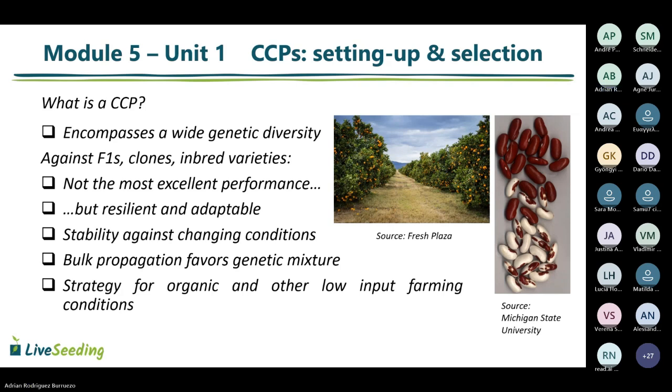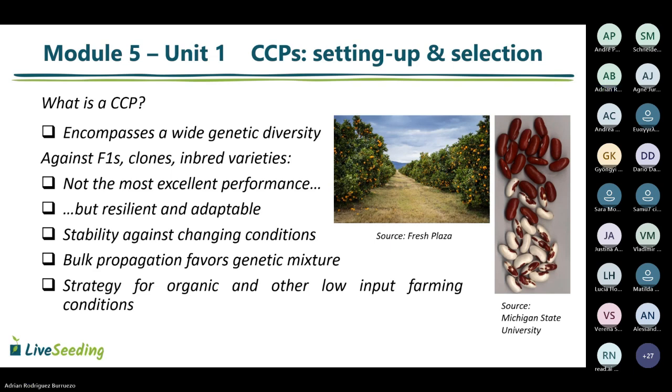With composite cross populations, we must also think that they are quite diverse in comparison to other modern F1s in vegetables or in other crop species or clones. So this diversity, this heterogeneity is not advantageous in terms of trying to achieve the most excellent performance. Imagine a vegetable F1, a tomato F1, for instance.